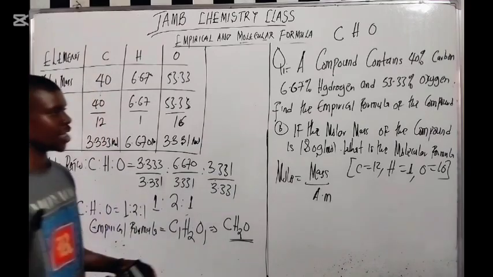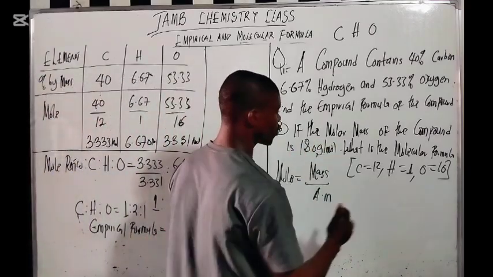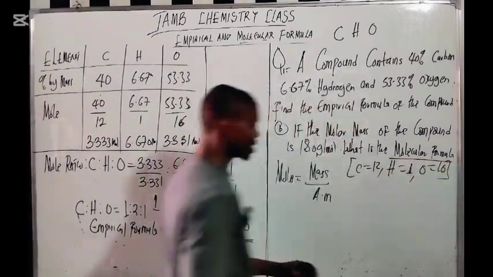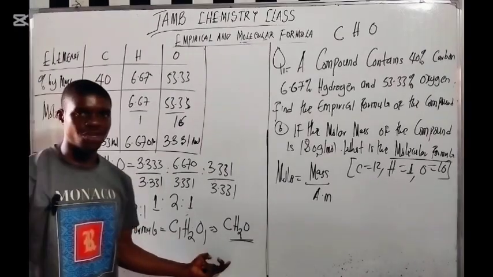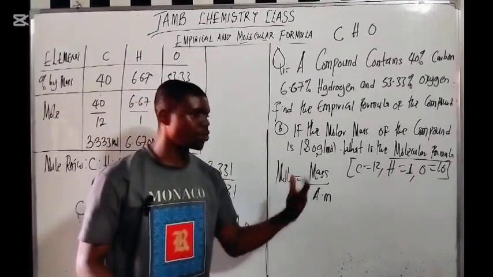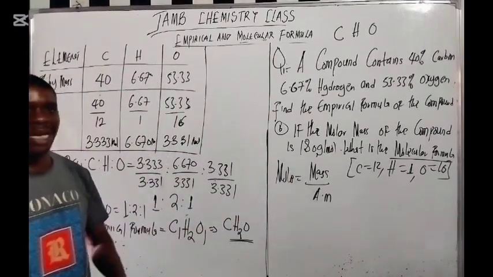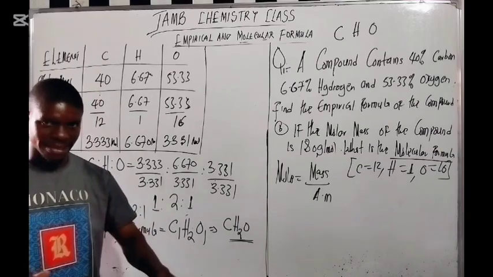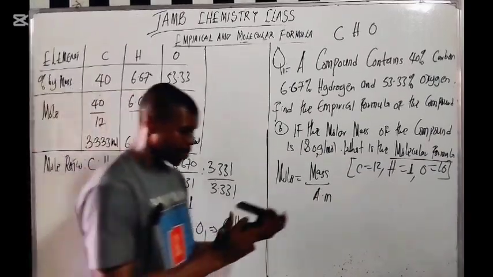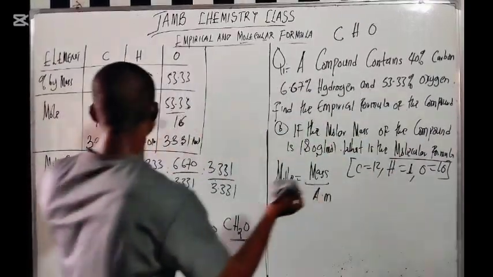So now the next thing we'll do here is to calculate the molecular formula. You understand? It is from the empirical formula that we have to get the molecular formula. So how do we get the molecular formula? It's very easy. Let me just try this place out.